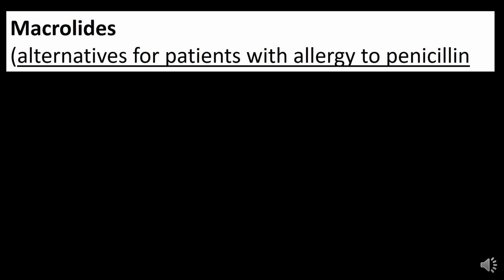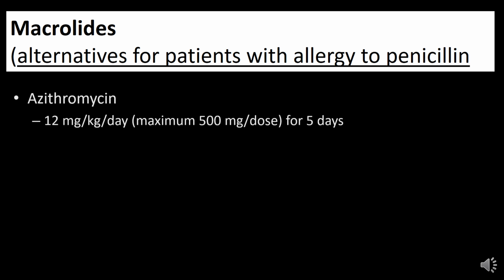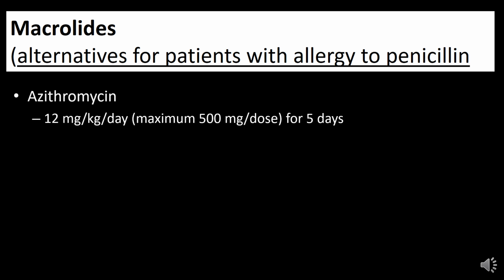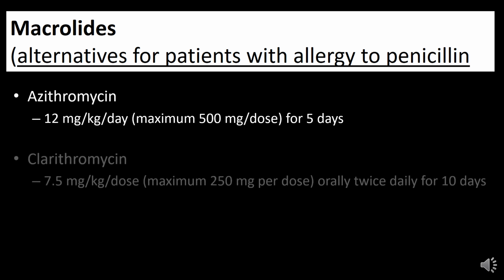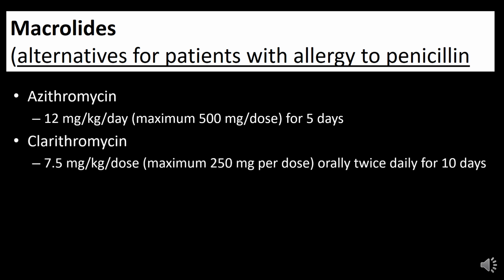Then we have macrolides. Macrolides will be what you are able to use if a patient is allergic to penicillin. So you give them azithromycin, 12 milligrams per kg per day for 5 days. You can also give clarithromycin at that dosage, 7.5 milligrams per kg per dose orally twice daily for 10 days.